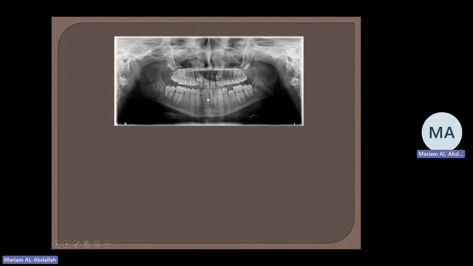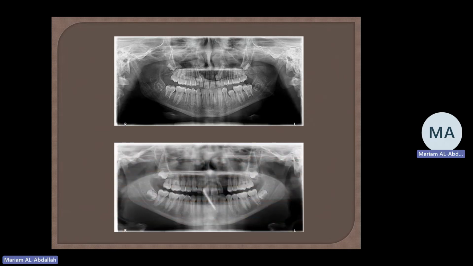So we sent the patient to the dentist to extract both C's and review the patient in 6 months, and unfortunately the patient came back where the dentist had actually extracted both C's and also extracted the upper left permanent canine. When I asked the parents why this happened, they said that the dentist told them that this impacted canine will never erupt, and it will only cause problems.